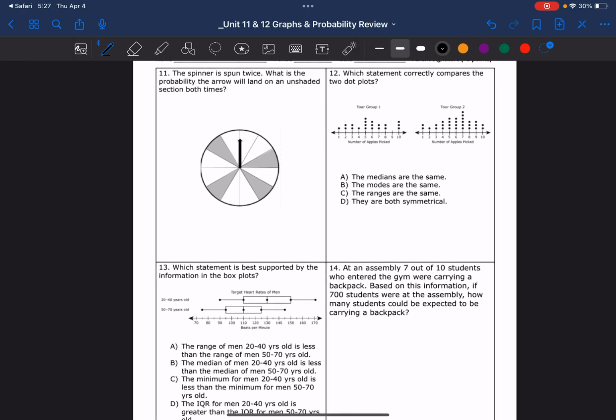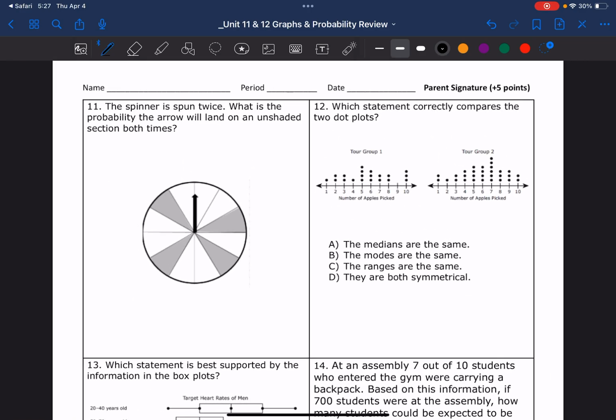All right. 11. The spinner is spun twice. Okay. What is the probability the arrow will land on an unshaded section both times? Again, I like to write my probability statement. So probability of unshaded, then unshaded.